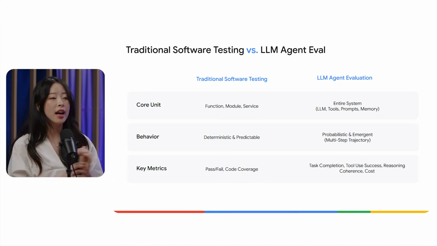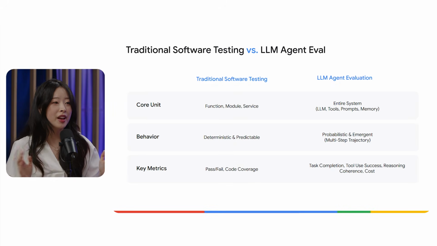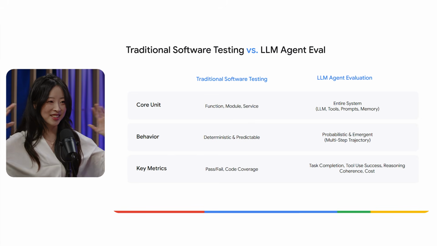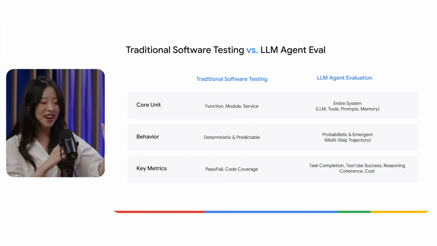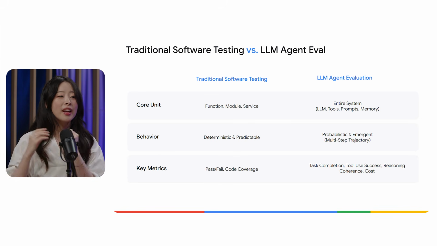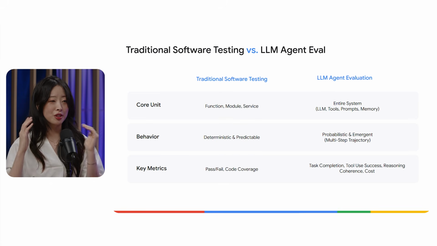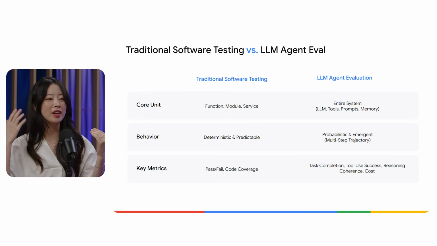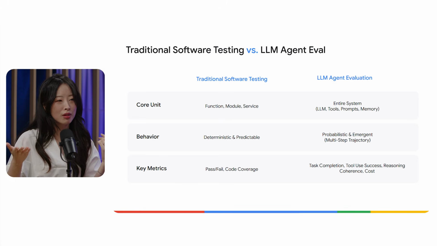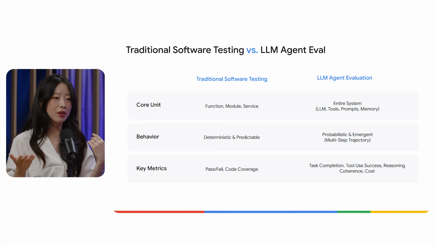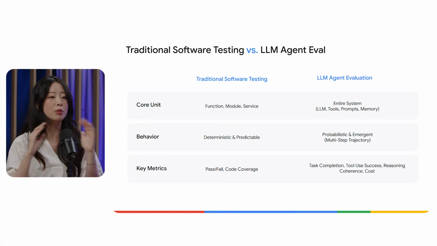This explains the difference between traditional software testing and agent evaluation. But how is that different from LLM benchmarks like MMLU? Yeah, so LLM evaluation and agent evaluation are very different. LLM evaluation is like a school exam. You're testing knowledge with static Q&A. But agent evaluation is more like a job performance review. We care about whether the agent can use tools correctly, recover from errors, or stay consistent across multiple turns.